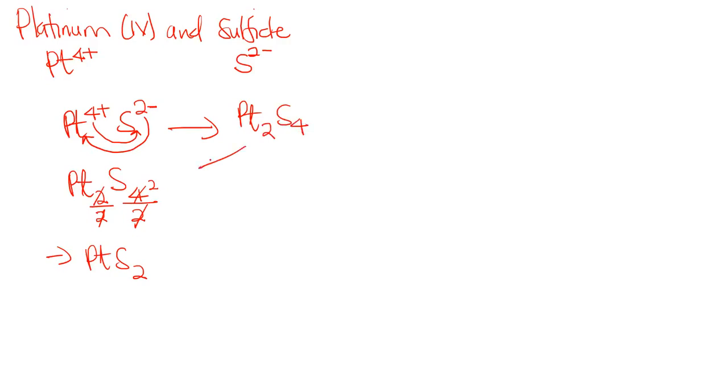And then after that you have to cancel, because 2 goes into here and also 2 goes into there to give you PtS2. So really, that's how we solve these problems. Now let's go to the next problem.